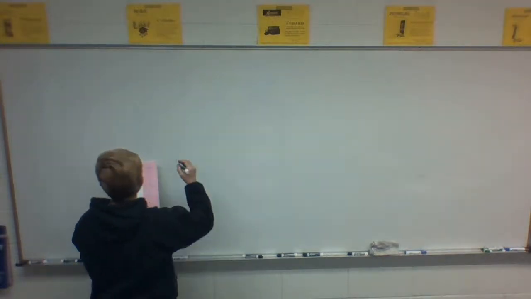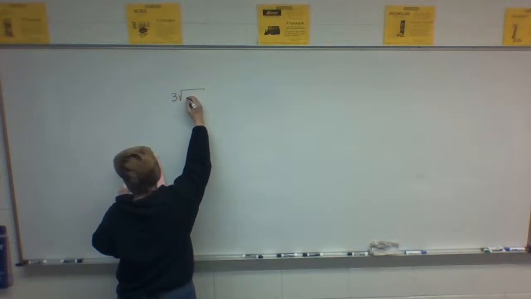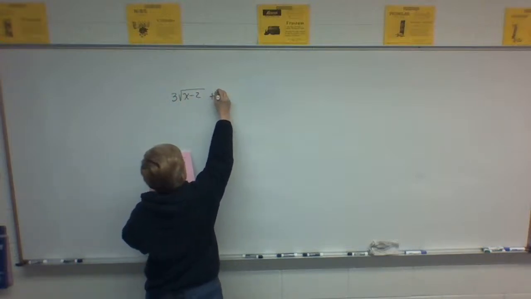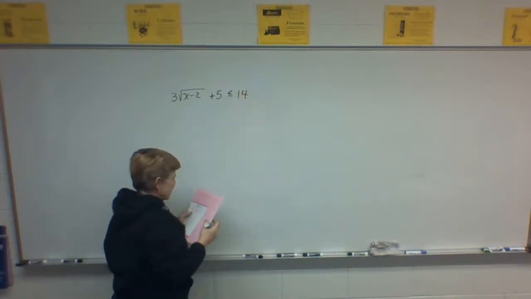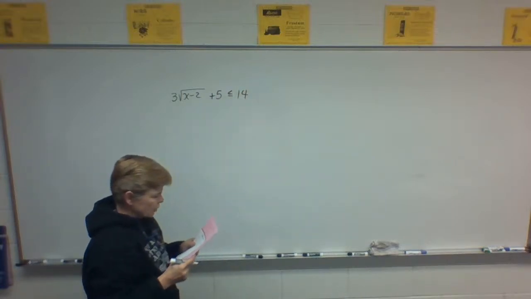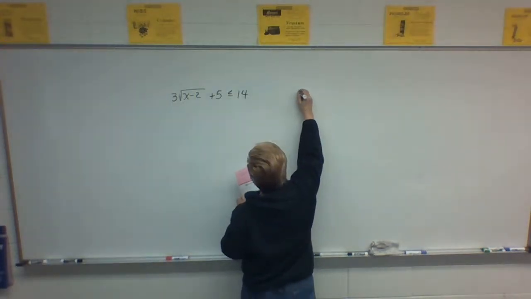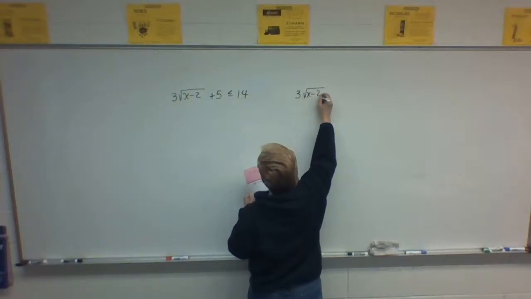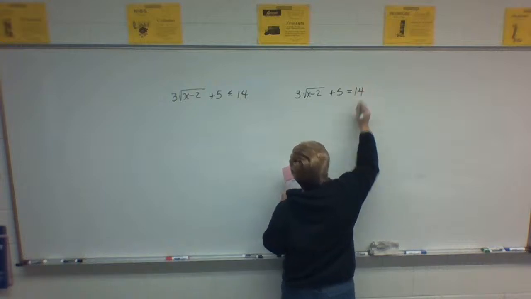So it says solve the inequality, and here's a sample. 3 square roots of x minus 2 plus 5 less than or equal to 14. So that's the inequality. Solve the inequality and also the equation, and the equation looks just like it. 3 square roots of x minus 2 plus 5 equals 14.